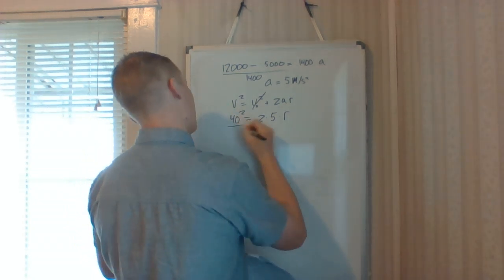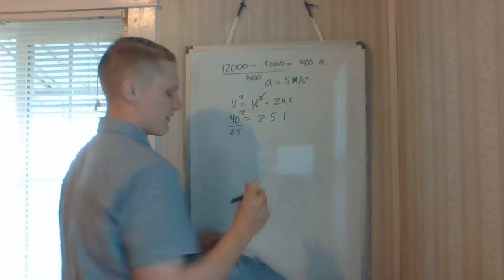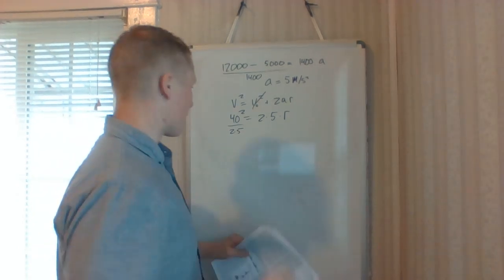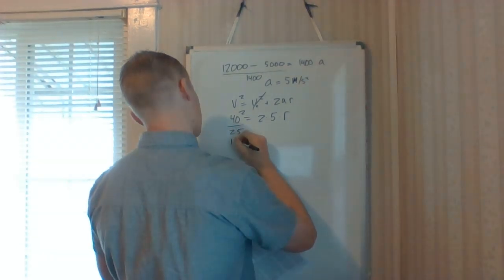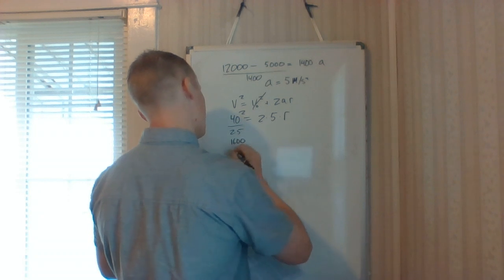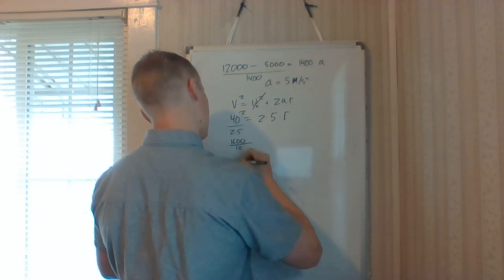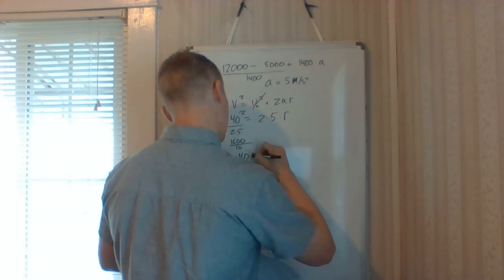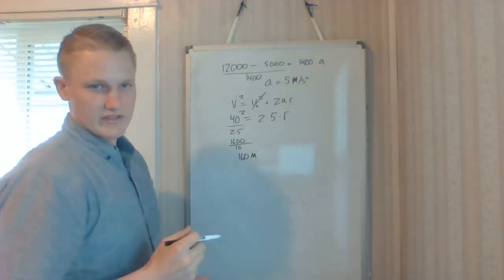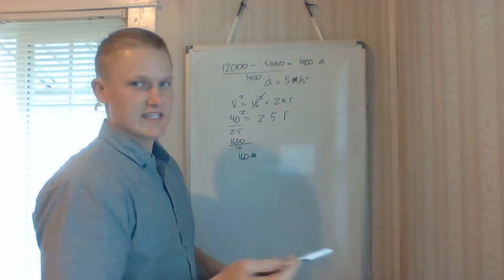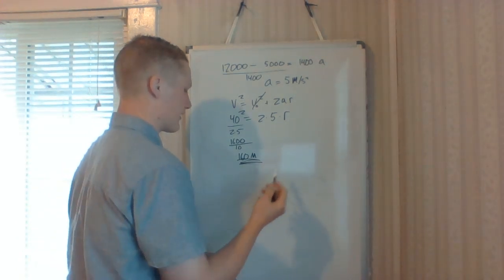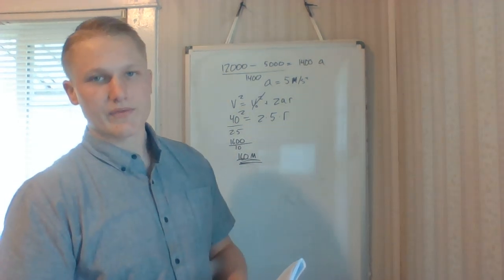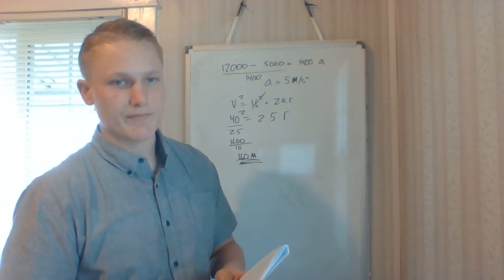So you just divide by 2 times 5. So 40 squared is actually going to be 1,600 divided by 10, which is 160 meters, I believe. So you're going to need 160 meters of runway for the planes to take off.